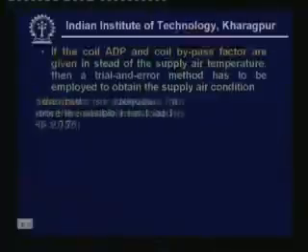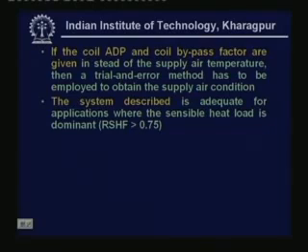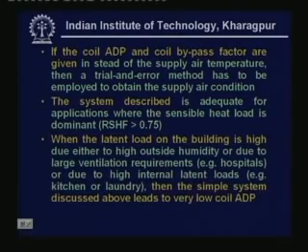The system described so far is adequate for applications where the sensible heat load is dominant. That means your room sensible heat factor is greater than about 0.75. When the latent load on the building is high, due either to high outside humidity or large ventilation requirements, for example in hospitals, or due to high internal latent heat loads, for example when your conditioned space consists of a kitchen or a laundry, then the simple system discussed above leads to a very low coil ADP.